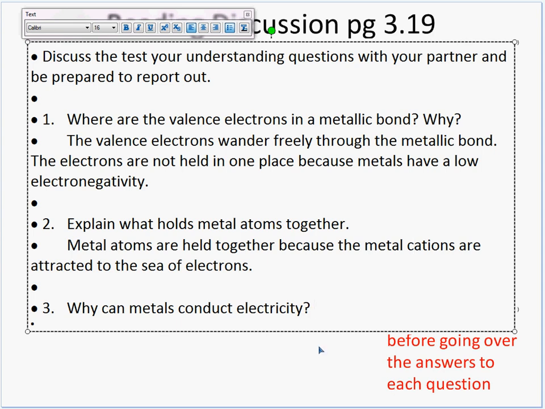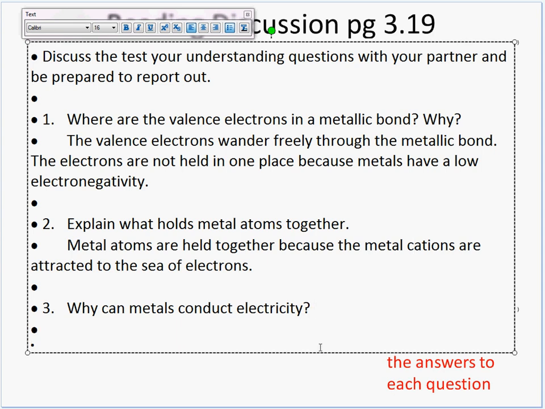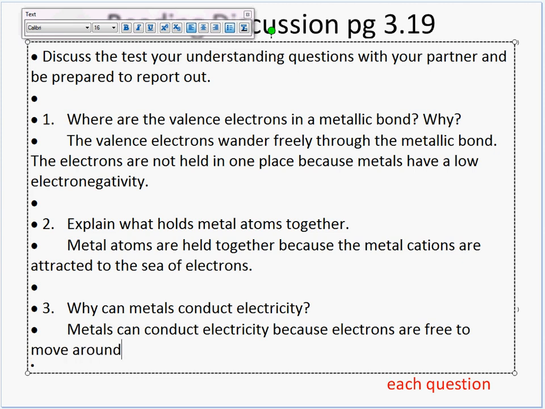So number 3, why can metals conduct electricity? Well, it has to do with the electrons. Metals can conduct electricity because electrons are free to move around. Let's add a little bit about why that is.